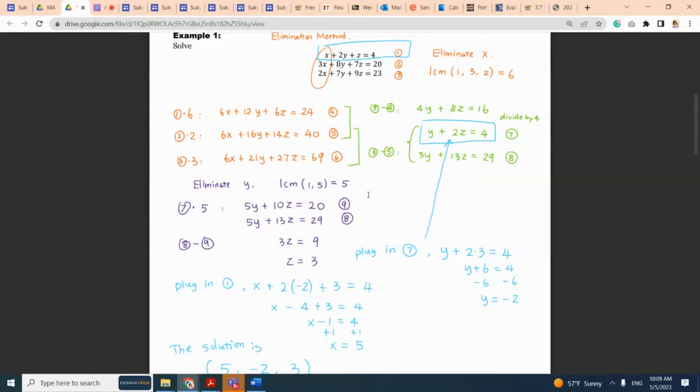Then we look at the least common multiple of 1, 3, 2, which is 6. Therefore, you want to match 6x. Equation 1 multiplied by 6, equation 2 multiplied by 2, equation 3 multiplied by 3, and you get equations 4, 5, 6. Is that okay, everybody? And then you have 3 equations. You use 2 pairs of them to eliminate x.